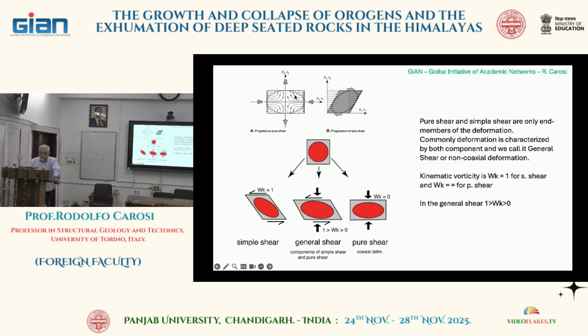If you mix these two types of flow, you have general shear or non-coaxial deformation, characterized by both simple shear and pure shear, such as transpression and transtension. The end member is simple shear, where the vorticity number is equal to one, and pure shear, where the vorticity number is equal to zero. In between, the values are comprised between 0 and 1.